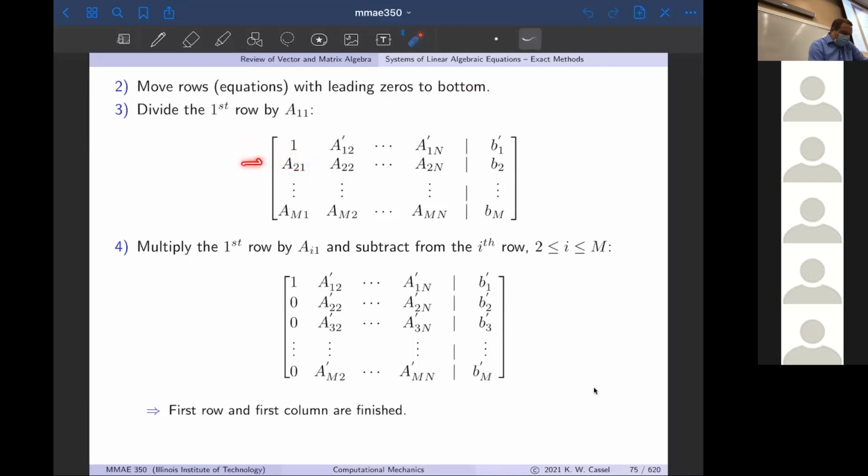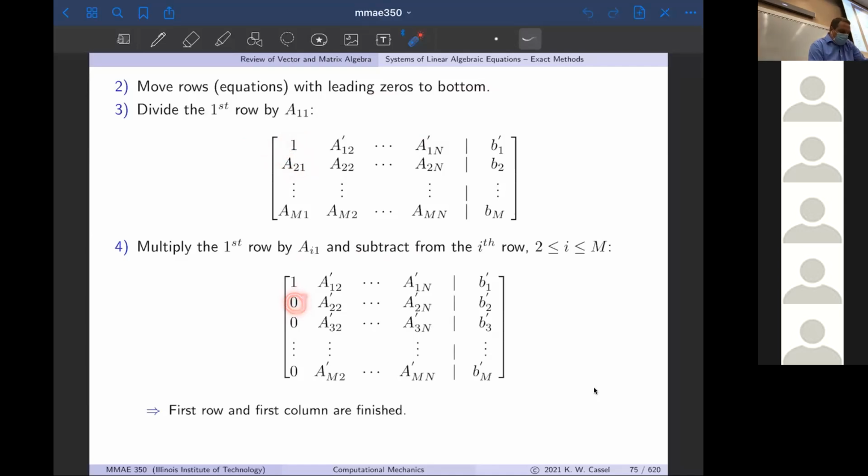For this second row, to turn this element into a 0, I take the A21 and multiply it times the first equation, and I subtract. Because by multiplying by A21, I now have an A21 here and an A21 here. So when I subtract them, I get a 0.